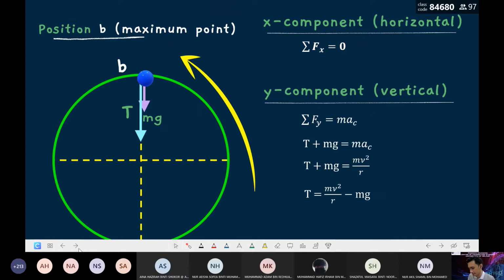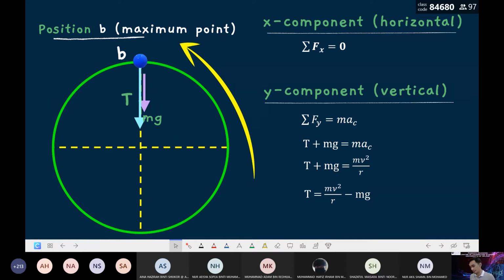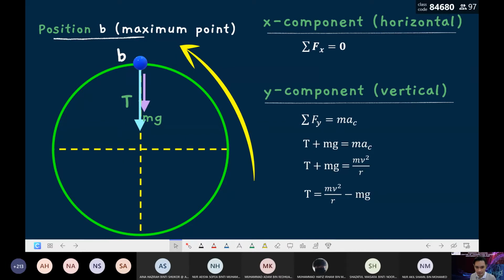Okay, so kita pergi dekat B. So what happened to B? Good. Okay. So point B, dia dekat maksimum. Okay, dekat maksimum, apa akan jadi pada the tension? Dekat sini kalau kita lukis the free body diagram, dia memang ada effect daripada the weight.